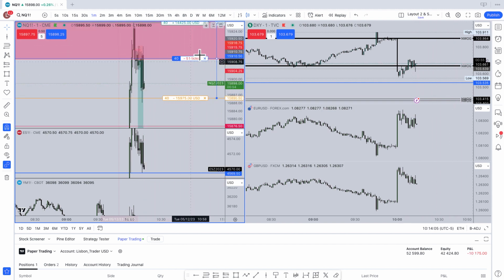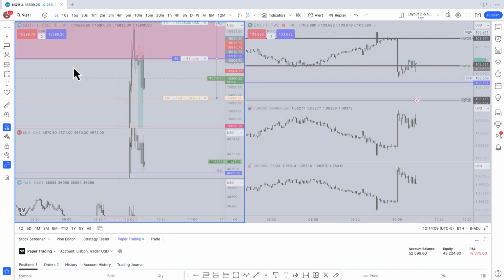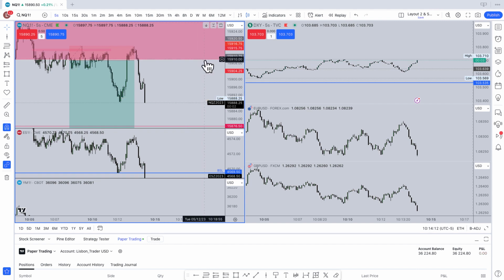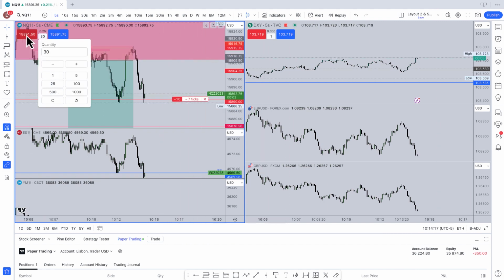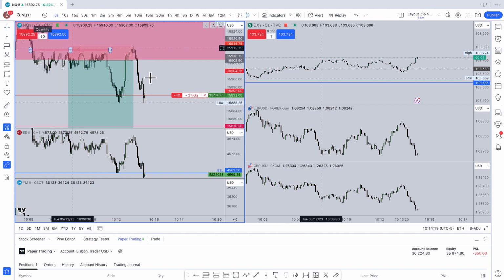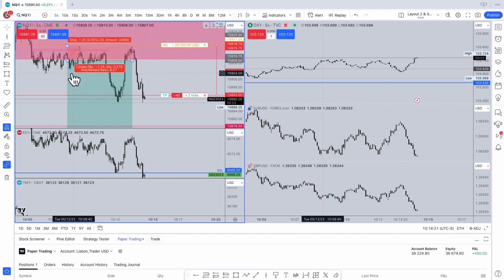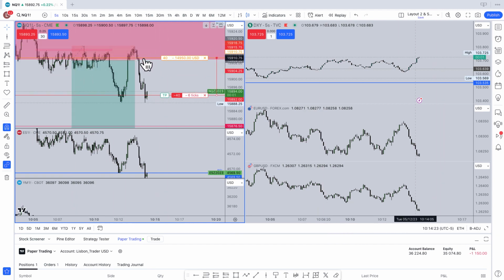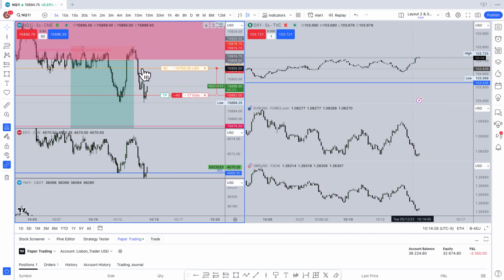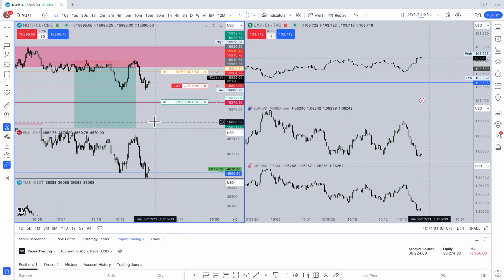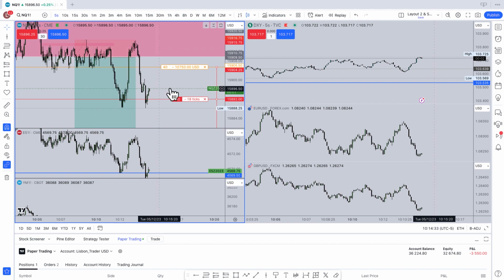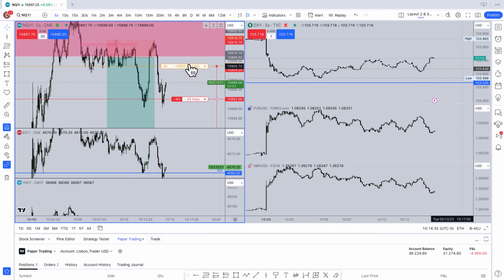If it consolidates here, it will go down. Yeah, it did. It's going down. So now it will not go above. So this is balanced.